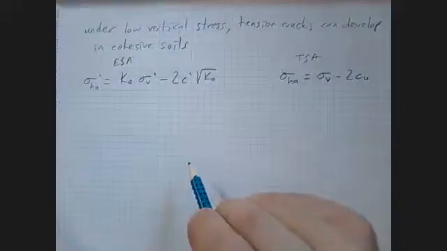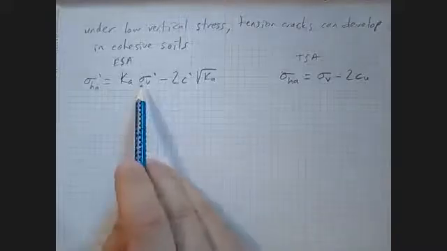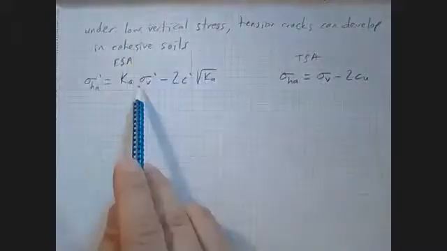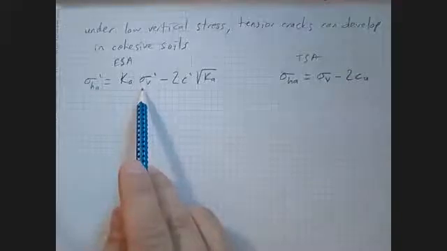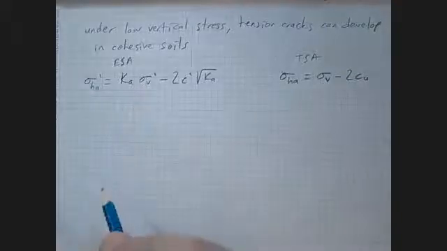So anyway, we have a minus in the middle. That means if I have low vertical stress, so closer to the surface of your soil, you can easily have negative values.